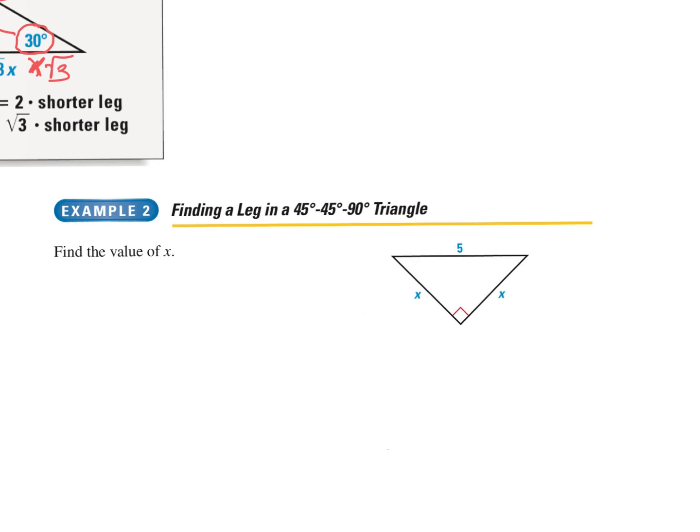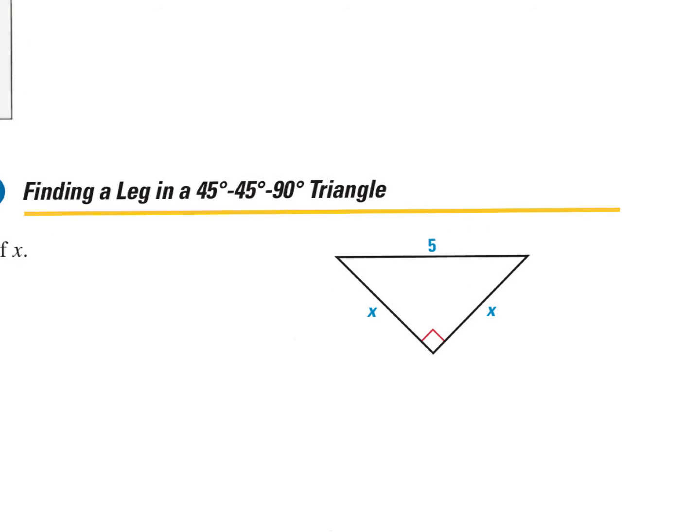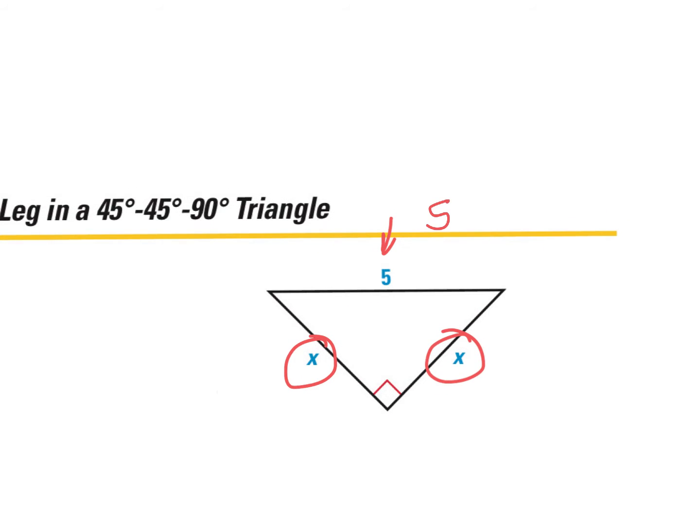This 45, 45, 90 looks similar, but notice here the legs are what we're looking for. I know the hypotenuse is the value of the leg times the square root of 2, so I set it equal to x times the square root of 2 and solve for x.